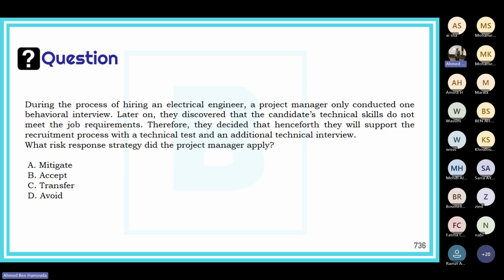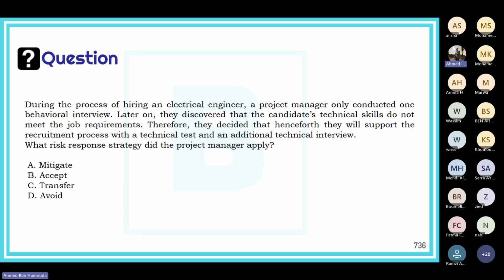What risk response strategy did the project manager apply? Mitigate, accept, transfer, or avoid? Now, what the project manager did here is they figured that their current hiring process is not effective, so they enhanced that process with a few more steps.